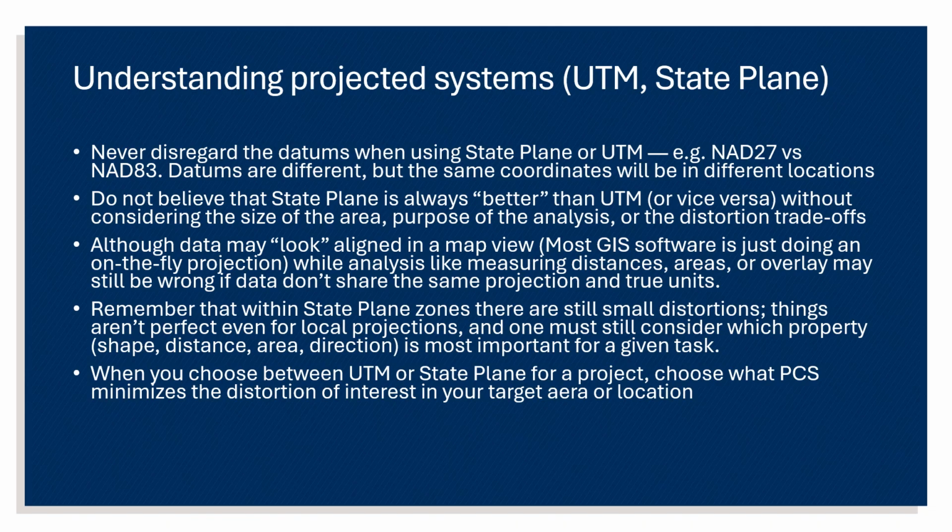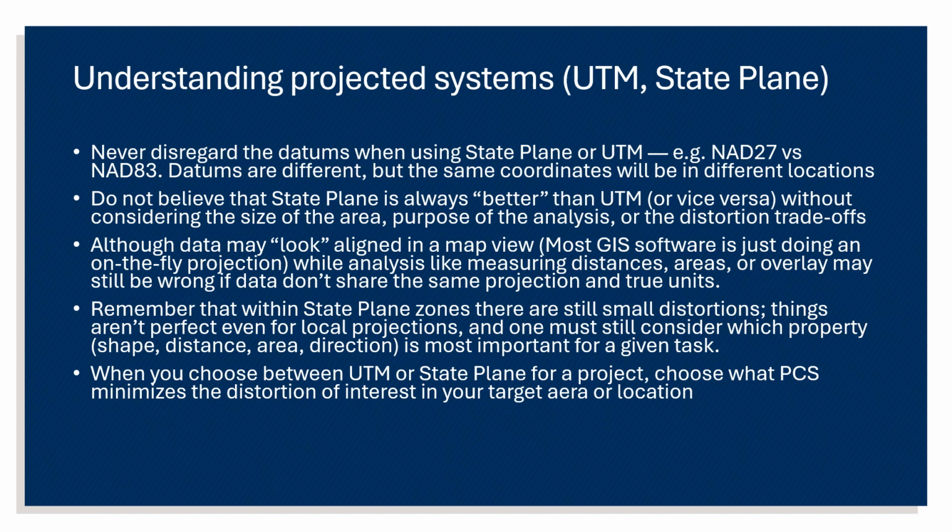Don't automatically believe that the state plane is always better than the UTM or vice versa. You have to think about the area. You have to think about the analysis that you're doing, and you think about the distortions and trade-offs that occur because of that. And although data may look aligned in the map, because most software has that on-the-fly stuff, while analyzing, like doing measurements of distances and areas or overlays, they can still be wrong if the data doesn't share the same projection and really have true actual units.